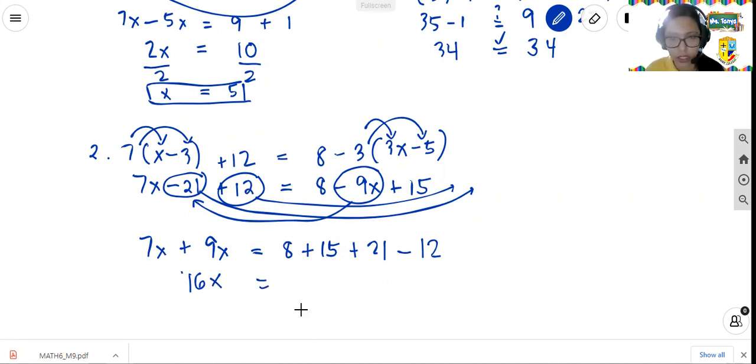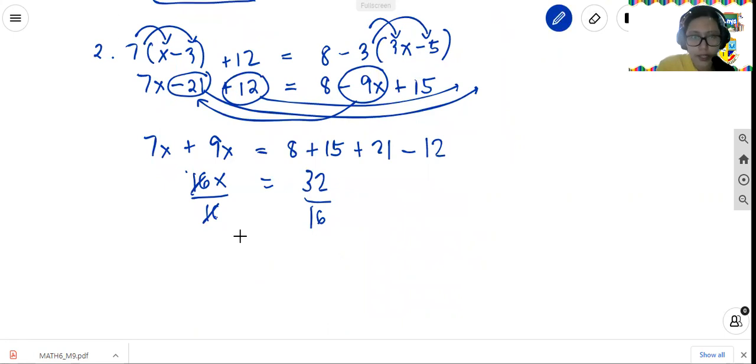And we have 8 plus 15 plus 21 minus 12. So we have here 32. So if we divide by 16, x is equal to 2.